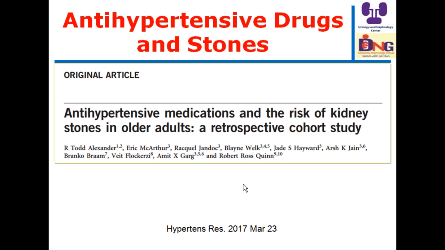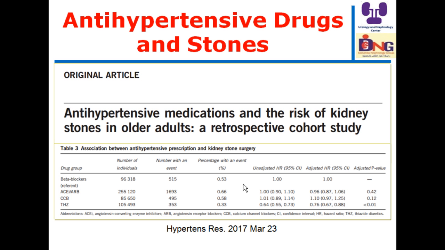Regarding other kidney problems like stones, this article looked at antihypertensive medication and the risk of kidney stones in older adults. In conclusion, in relation to beta blockers, thiazide diuretics were associated with decreased risk of kidney stone formation, because all of us know that thiazide diuretics have a hypocalciuric effect.